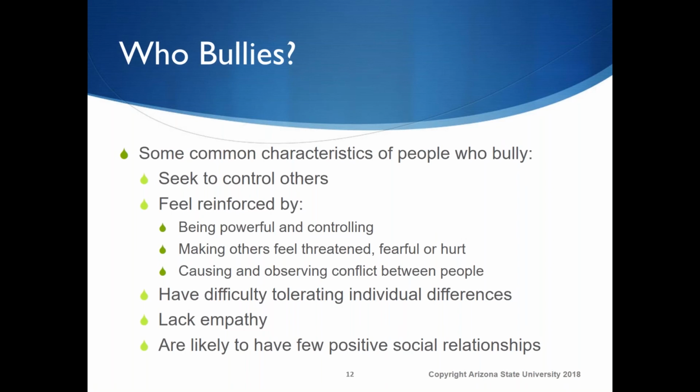They also have difficulty tolerating individual differences. So if you think about the average person being able to tolerate a certain amount of difference, somebody who's a bully is maybe able to tolerate 20% of that. So they react more strongly to people who they see as different, as falling outside of what they feel is acceptable in terms of behavior.